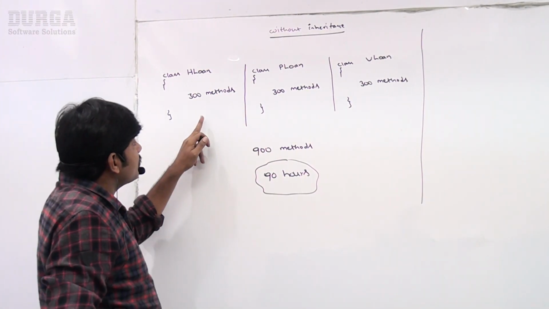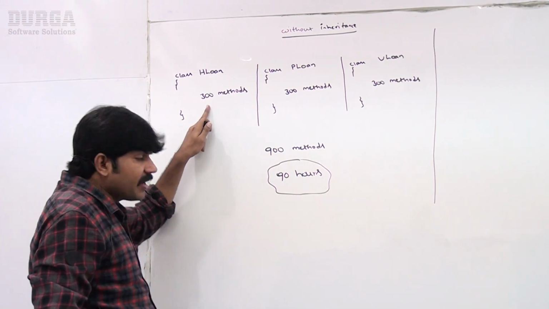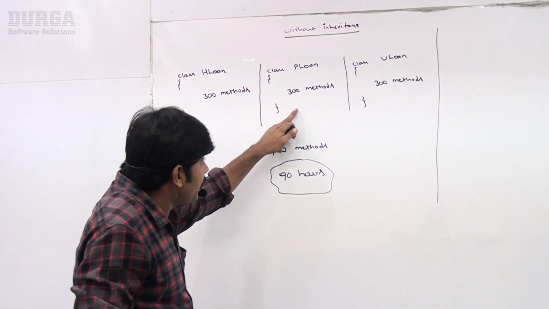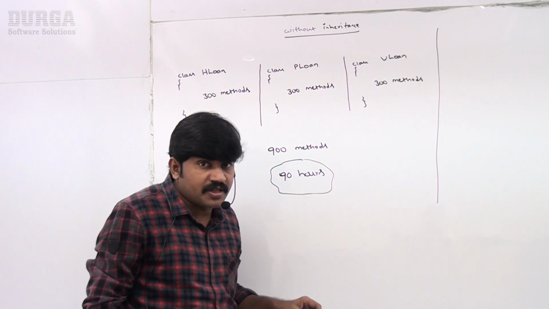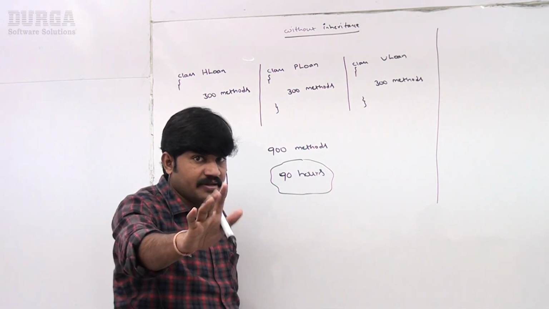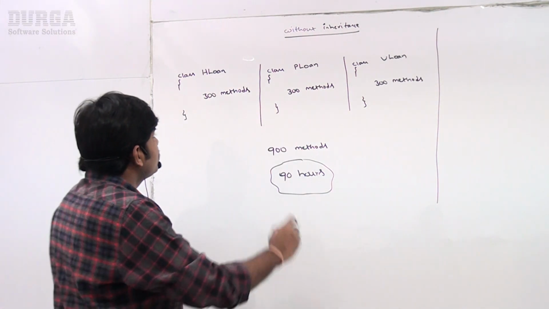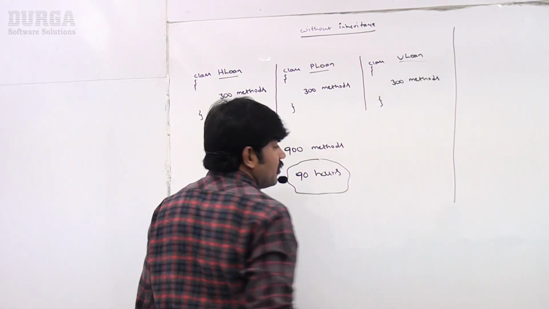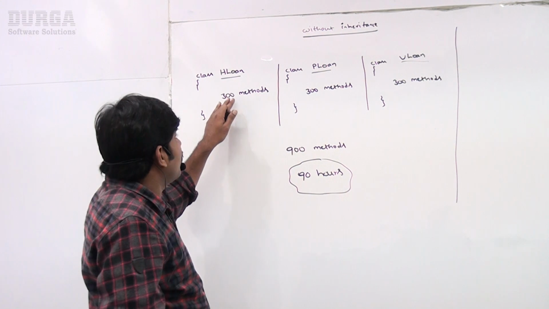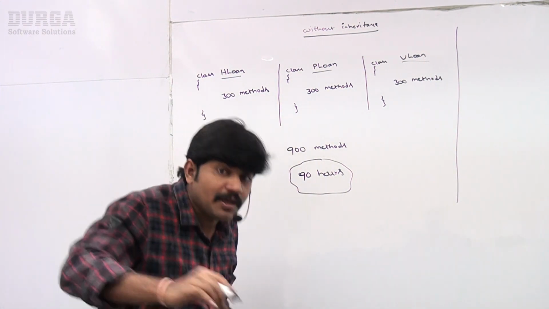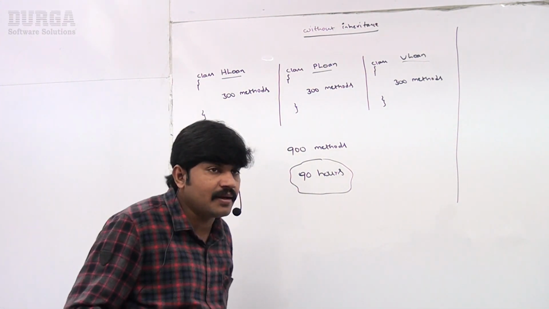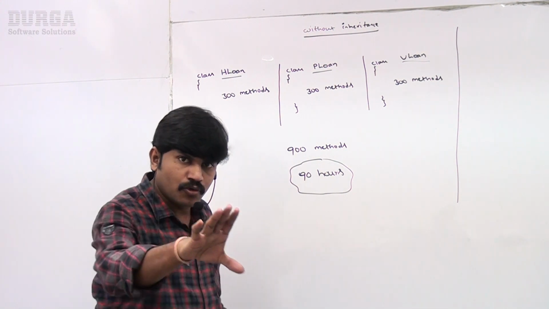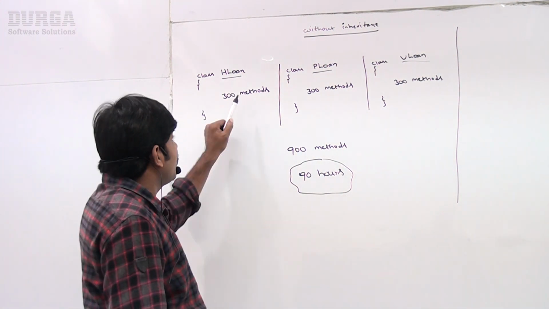Then he asked, here you wrote 300 methods, here also 300, here also 300. Total how many methods? 900. Anyway all these are loan types only. Vehicle loan, housing loan, personal loan may be different, but at the end all these classes talk about loan only. Do you have any common methods?